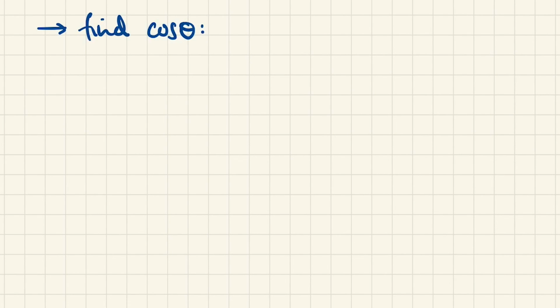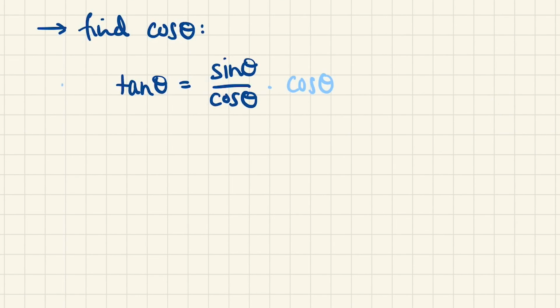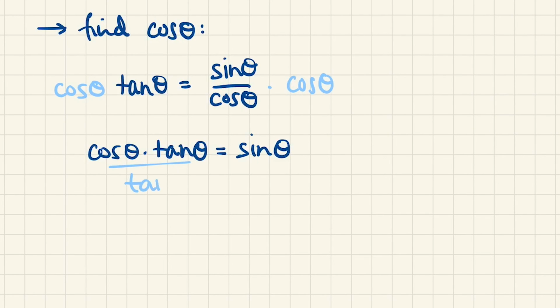So we know that tangent of theta is sine of theta over cosine of theta, and we're interested in cosine of theta, so we'll multiply both sides by cosine of theta, and we get cosine of theta times tangent of theta is equal to sine of theta. And now we'll divide both sides by tangent of theta.